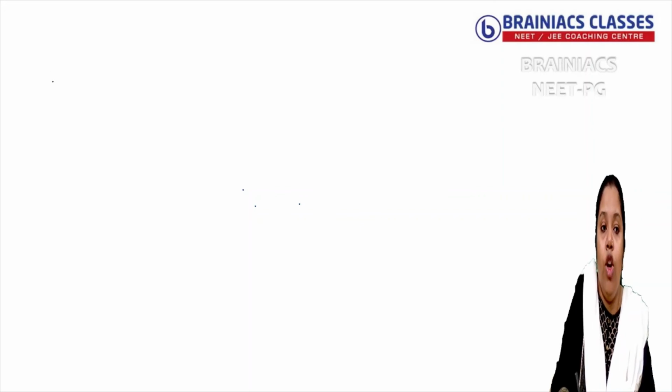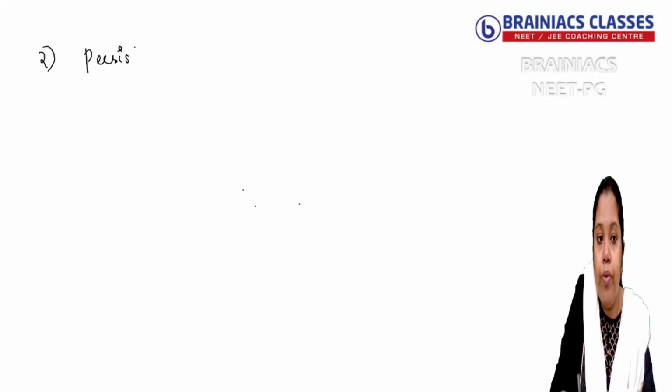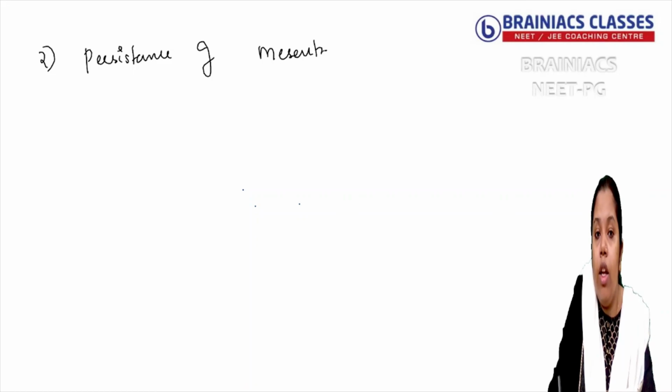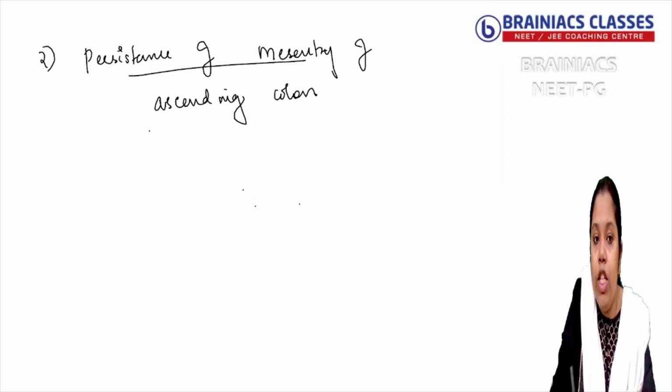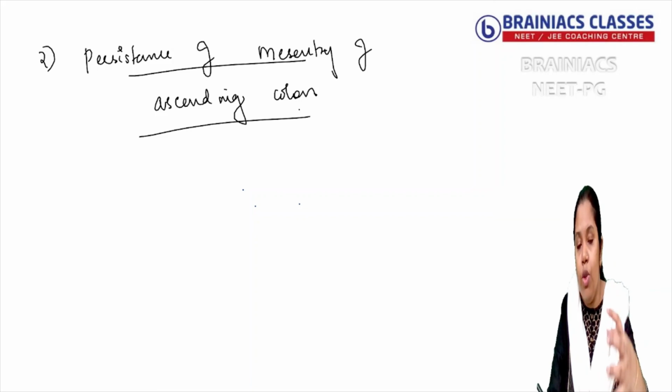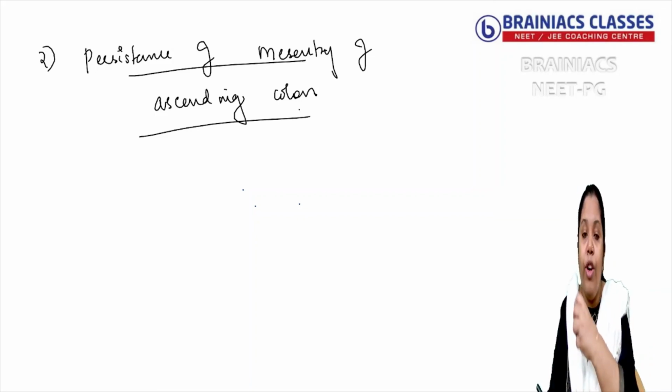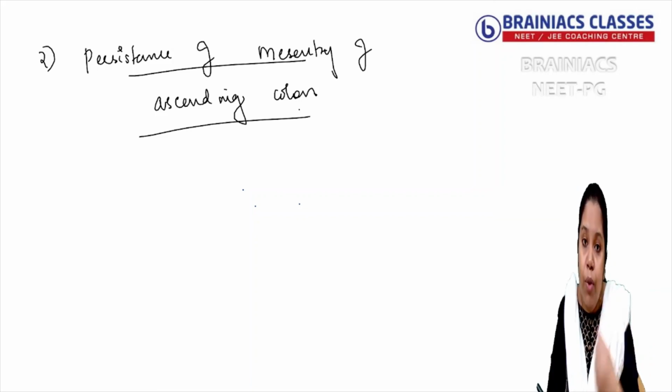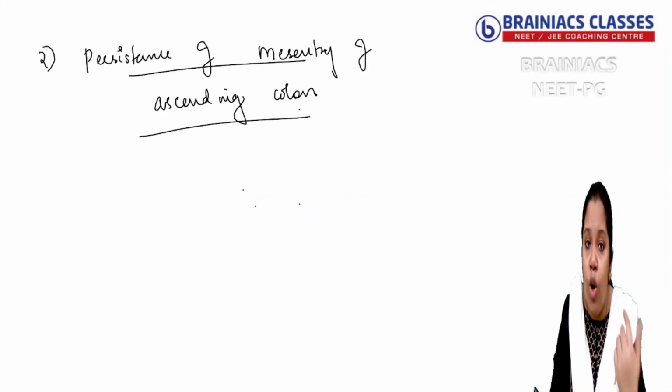The second anomaly is due to the persistence of the mesentery of the ascending colon. If there is mesentery present in the ascending colon, due to this mesentery the ascending colon loop will move and drag the cecum along with it.